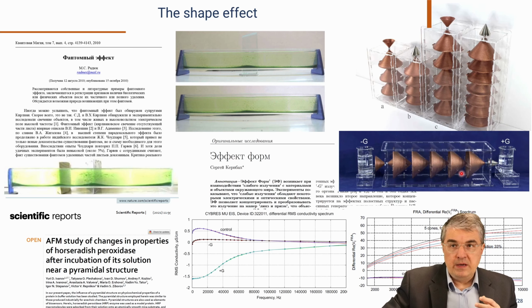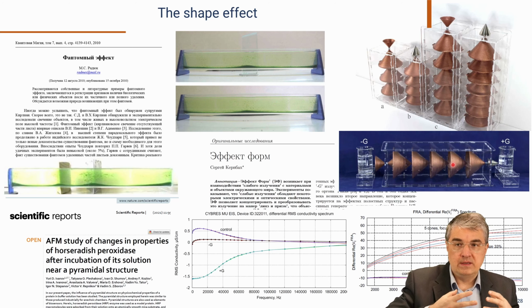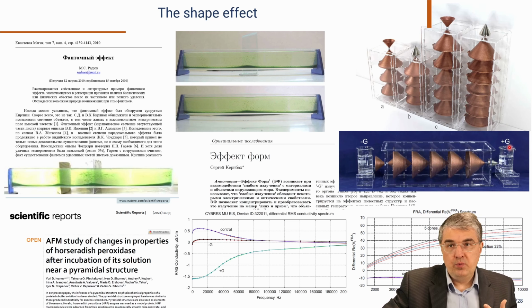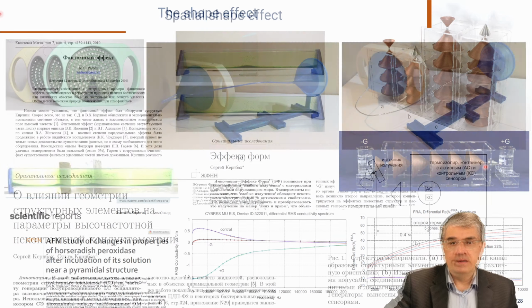By using this structure, we can really control the movement and properties of phantoms. And if we put here any of these detectors, whether electrochemical, optical, electromagnetic, or something else, we can in this way generate a closed-loop technological device that integrates the phantom effect.